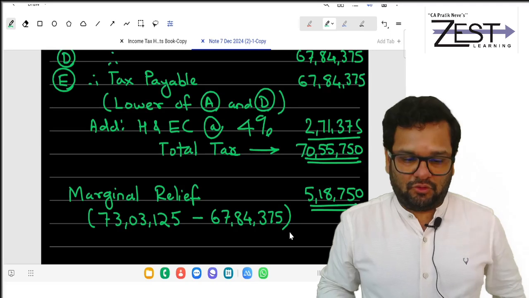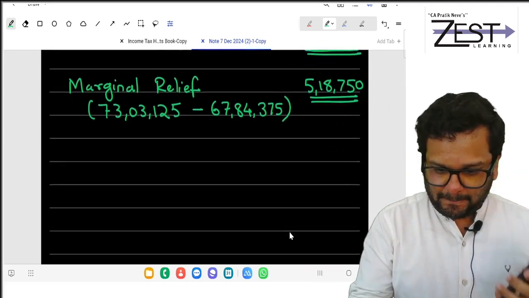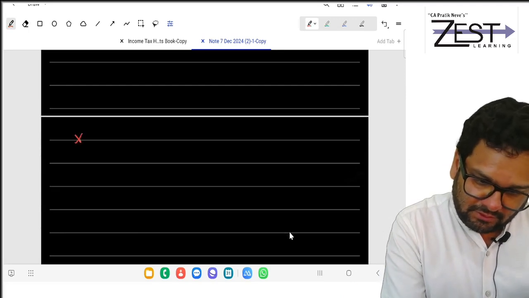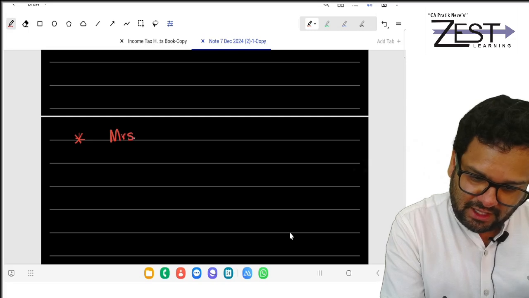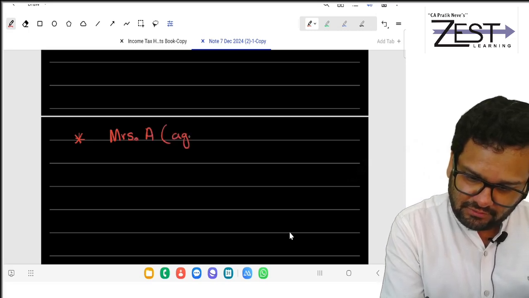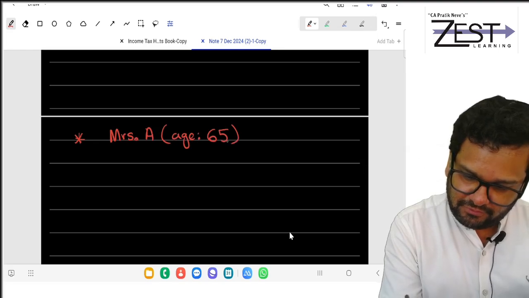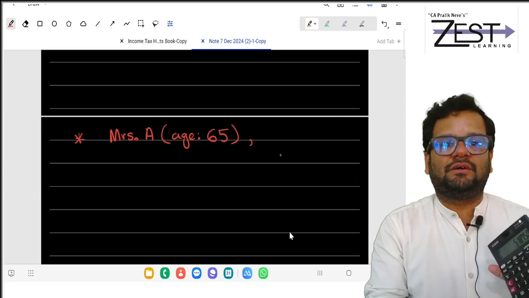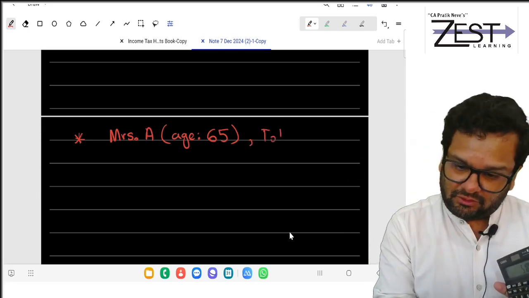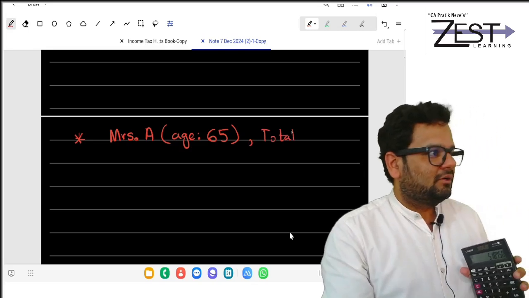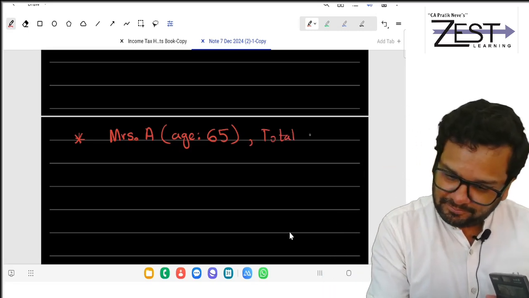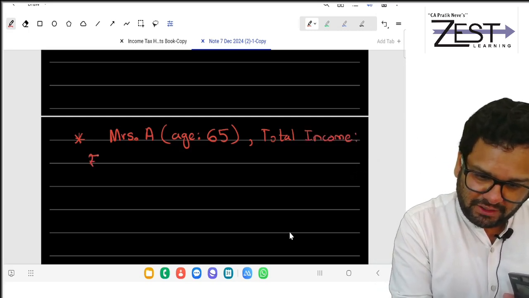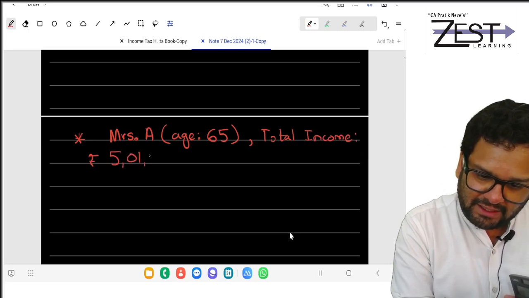Next, last one for today. There is an assessee, Mrs. A, age 65. Mrs. A whose age is 65, total income is rupees 5 crore 1 lakh.